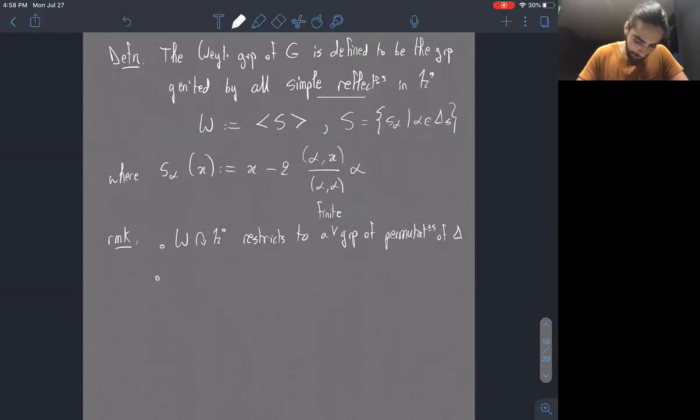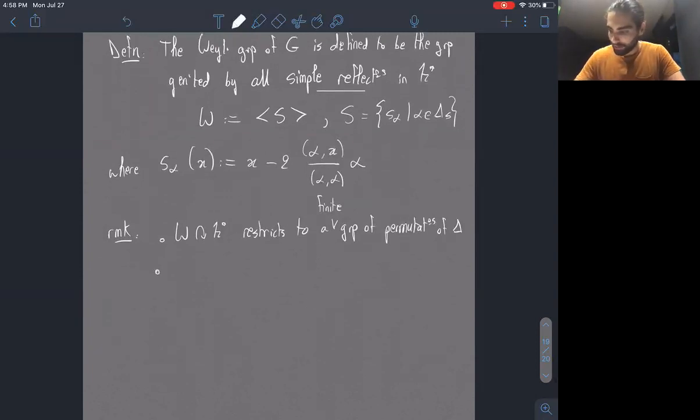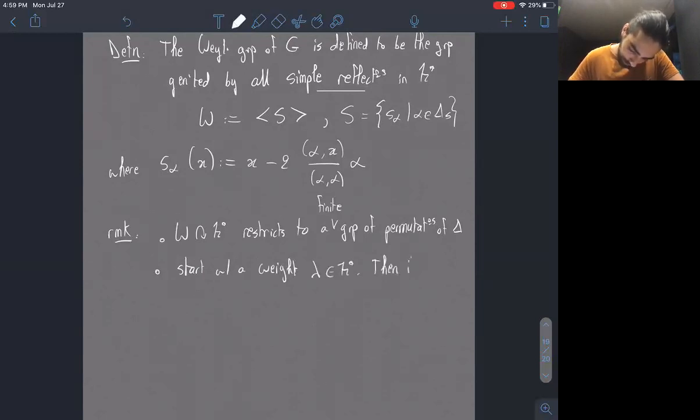And to say a little more about this sort of taking care of the ambiguity, we can talk about the fact that if I start with an arbitrary weight lambda in H star, then its Weyl orbit, W acting on lambda, contains a unique dominant weight.